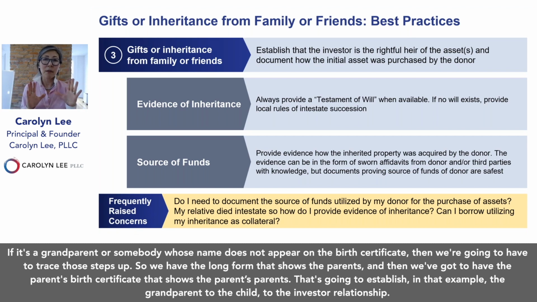So we have the long form that shows the parents, and then we've got to have the parent's birth certificate that shows the parents' parents. That's going to establish, in that example, the grandparent to the child, to the investor relationship.